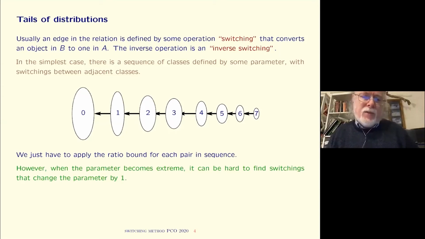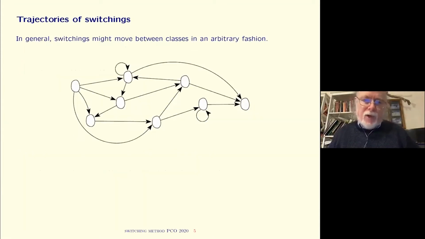So in general, you don't have a picture as simple as that. You have your switching operation, which is some small operation on the object, and it might move around between classes in some more complicated fashion. Each of the nodes in this graph is some class of objects, and the arrows give us the trajectory of some switching operation.